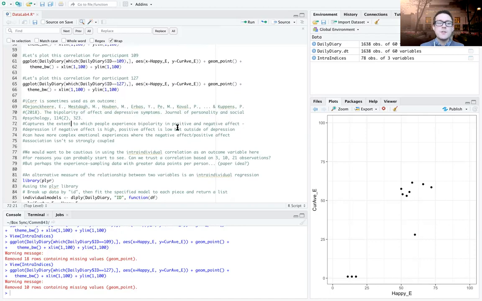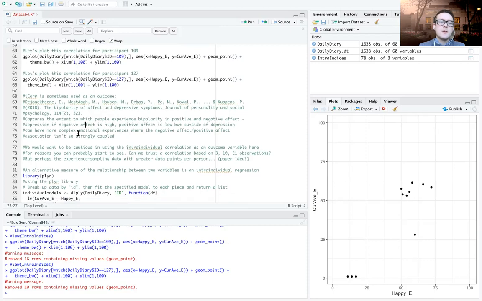But outside of depression, you see a more complex emotional experience where negative affect and positive affect aren't as strongly coupled across time as they are in depression. So that's kind of cool. It's a neat way to capture how two variables are moving across time and to start to get at emotion differentiation type questions. So this is in the context of emotions.